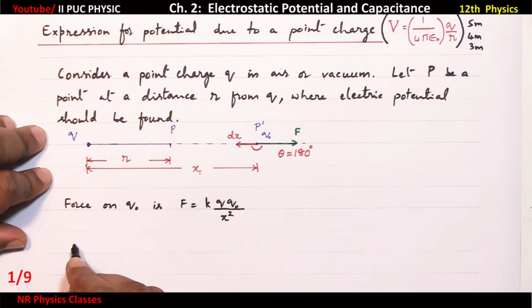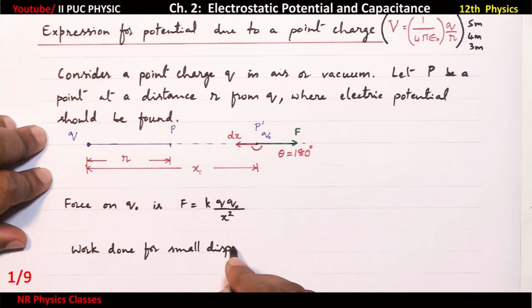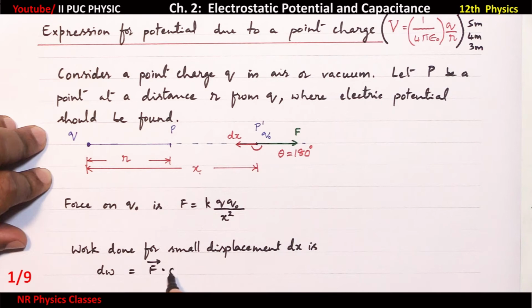Next, work done for a small displacement dx is, let that be small work done dW, equal to force dot displacement. It is the dot product of force and displacement. So it is magnitude of force, magnitude of displacement into cos 180. Cos 180 is minus 1, equal to minus F into dx.